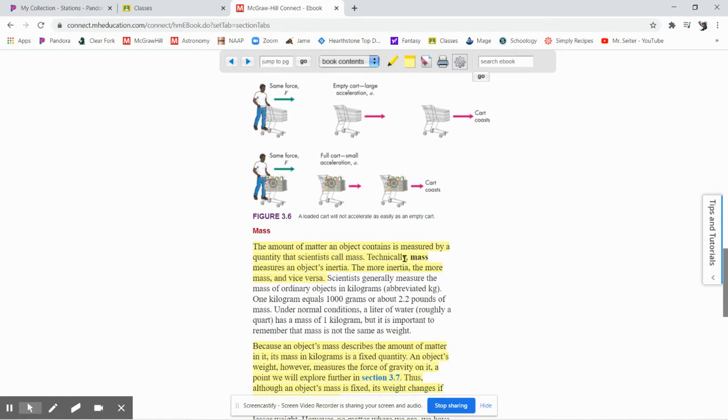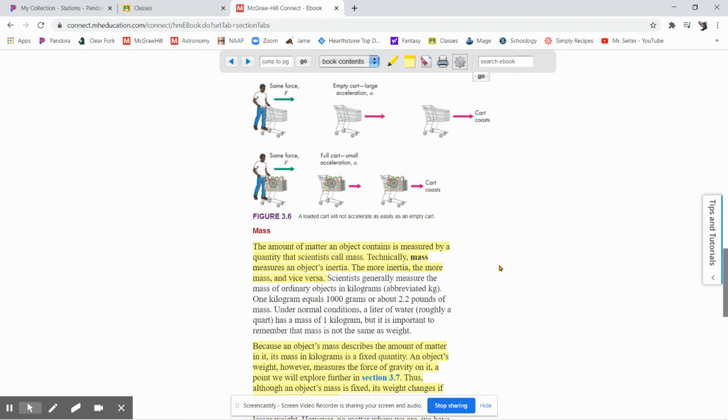So the amount of matter an object contains is measured by a quantity that scientists call mass. Technically, mass measures an object's inertia. The more inertia, the more the mass, and vice versa. So the more massive something is, and I'll bring up physical science here for a minute, the more massive an object is, like your refrigerator in the kitchen, it's hard to get that thing to move because it has a large mass.